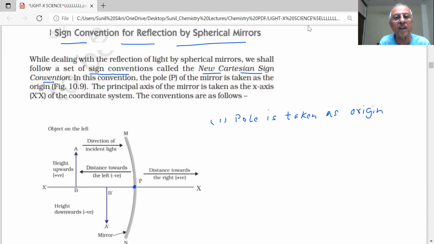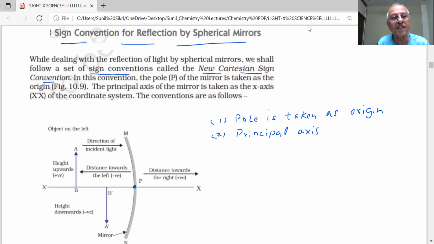Next, this is my figure 10.9, which is taken from the NCERT book. The principal axis of the mirror is taken as the x-axis. We have already defined what a principal axis is: an imaginary line passing through the pole, normal to the mirror.